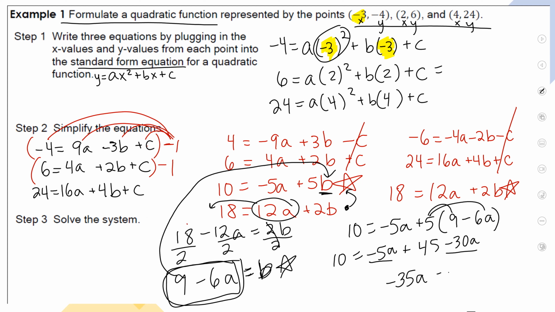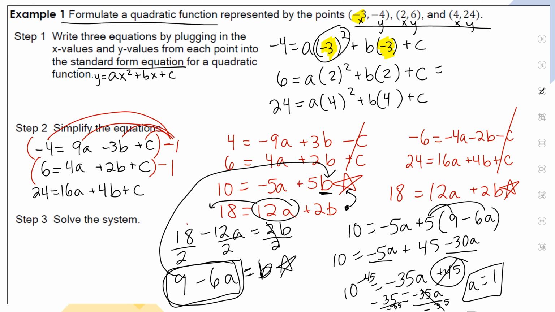And then I have this plus 45 over here, and this 10 over here. And then I can move this 45 to this side, making it a minus 45. So I get negative 35 equals negative 35a. What is a equal to? 1. Yep, a is equal to 1. So we get a is 1.